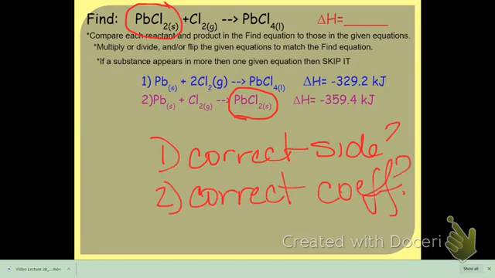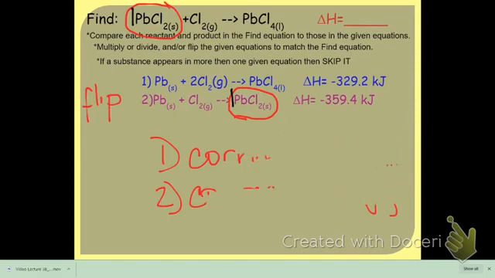Looking at this, we find that the PbCl2 solid is not on the correct side. If it's not on the correct side, remember we said we were going to flip it. Next question, does it have the correct coefficient? Well, it has a coefficient of 1 in the final overall equation, and in the available equation, it has a coefficient of 1. So, yes, it has the correct coefficient. All we had to do with this was to flip it.